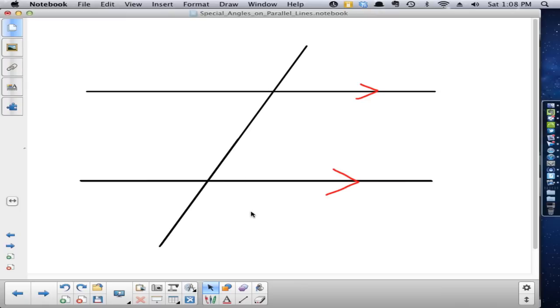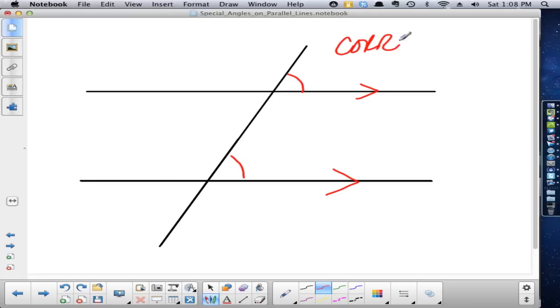And what do we call those two angles? This angle and that angle. They are in the same relative position at their respective intersections, and those would be corresponding angles. And those would be congruent.